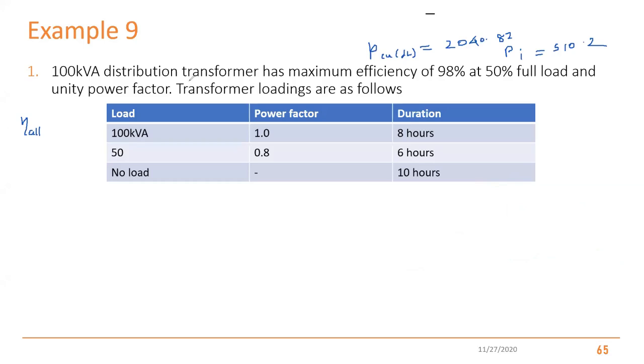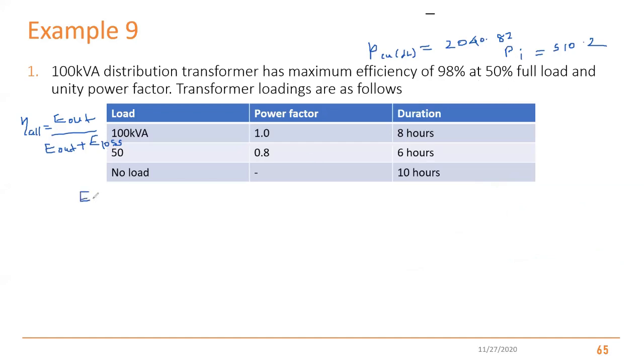Now you have to find the energy out and energy in, that is energy out plus energy loss. The full load copper loss and iron loss are known.